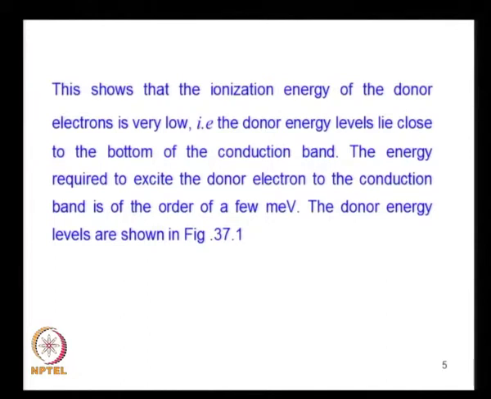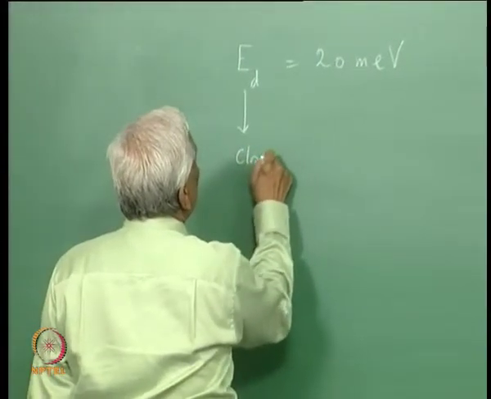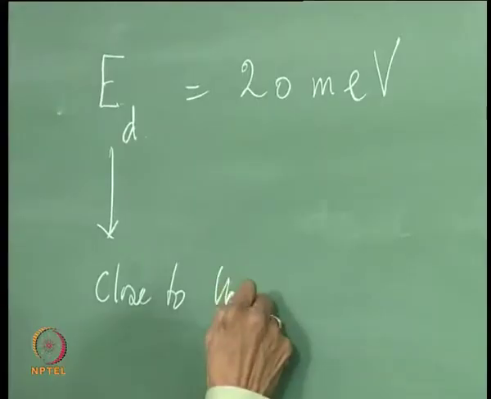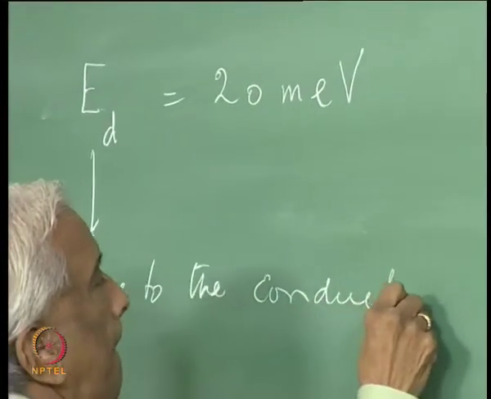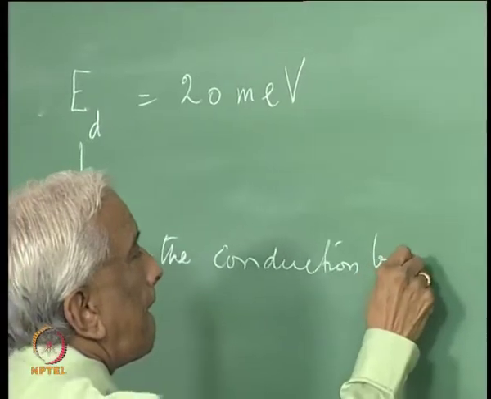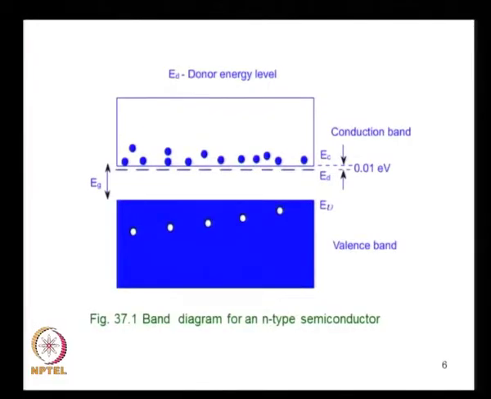So, the donor energy levels lie very close to the conduction band. This is shown in the figure.